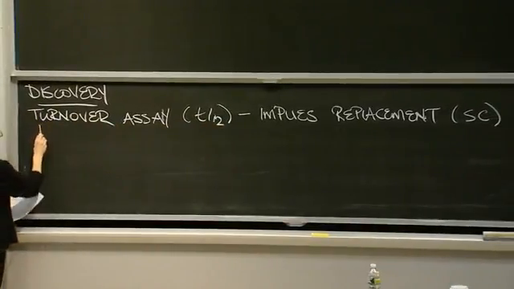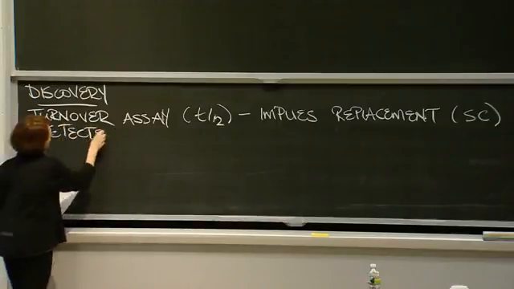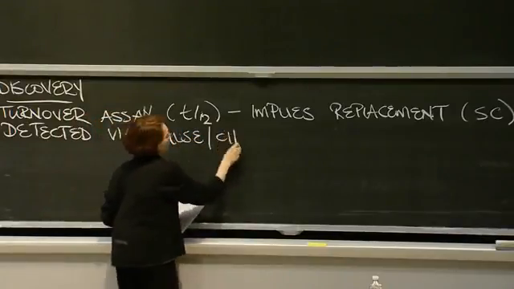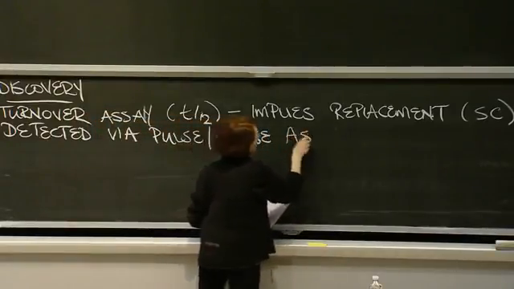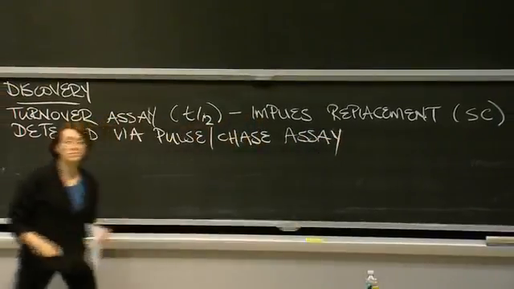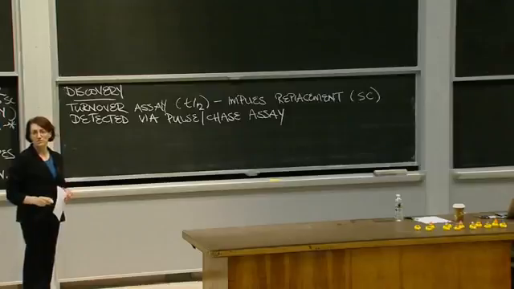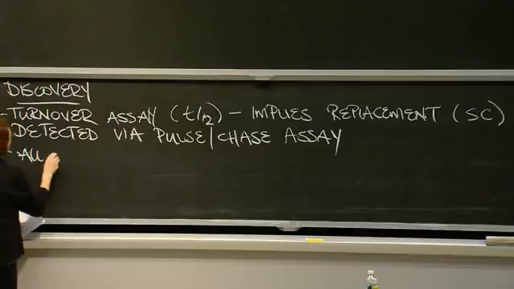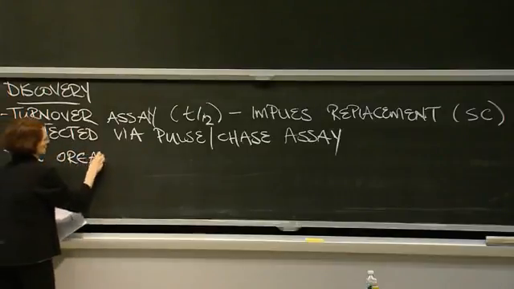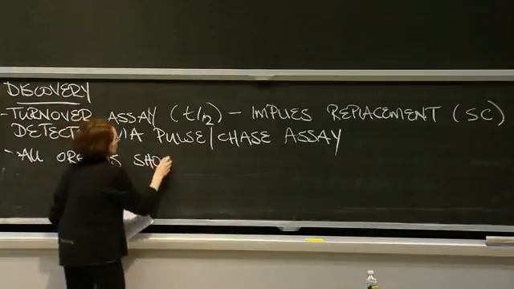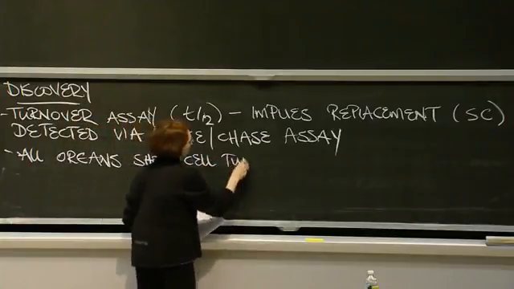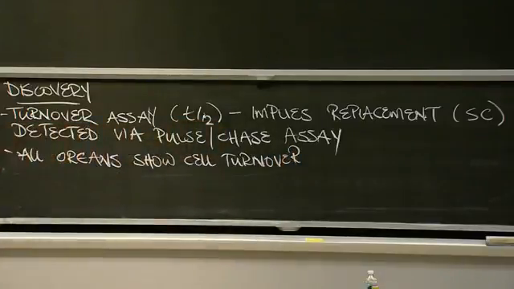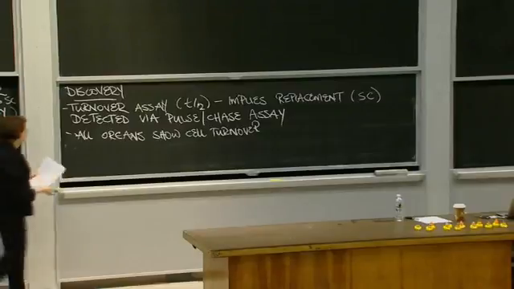You find this by a pulse chase assay, which we'll go over on your handout in a moment. And what was found was really variable for different organs. Firstly, all organs show cell turnover. Red blood cells have a half-life of about 120 days.